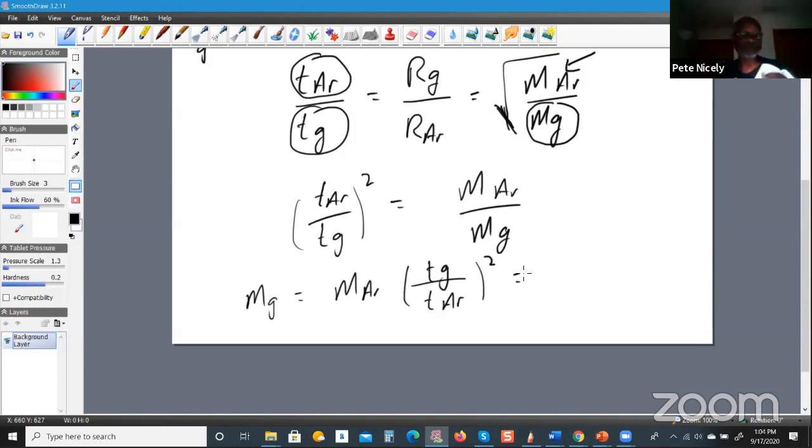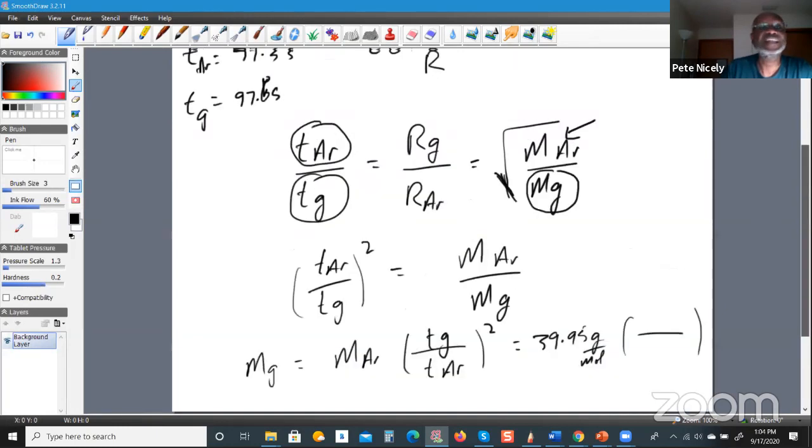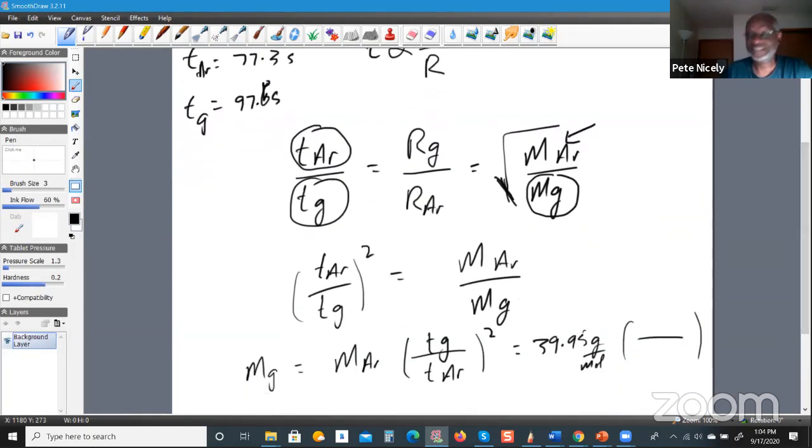Let me look up the molar mass of argon. So according to my periodic table, the molar mass of argon is 39.95 grams per mole, multiplied by the time of effusion of the unknown gas, which is 97.6 seconds, and that for argon is 77.3 seconds. The second units will cancel out.